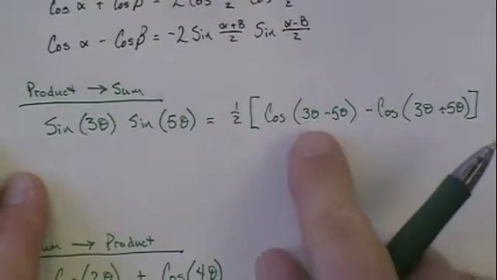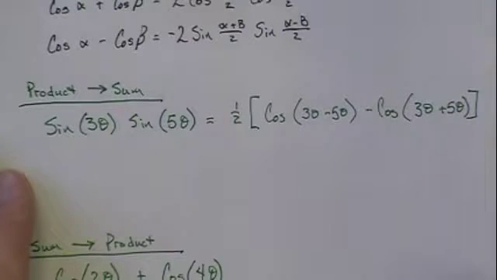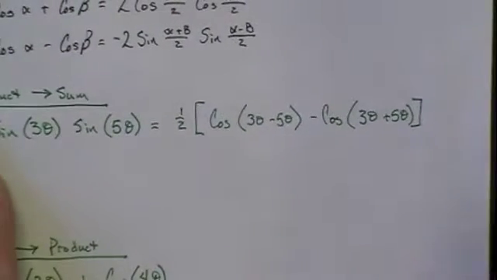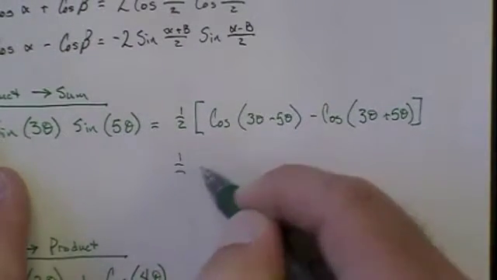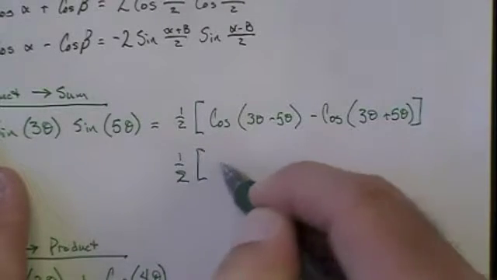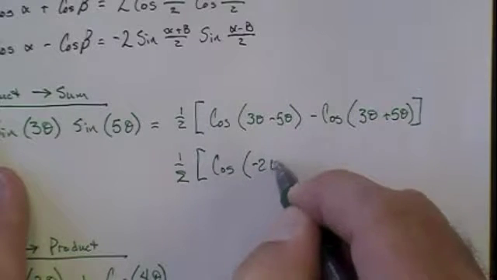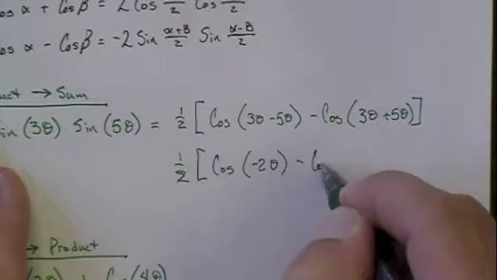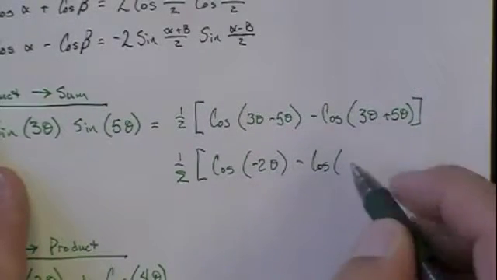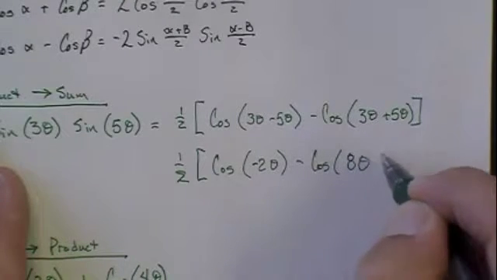Now we can go ahead and add and subtract each of these values. So now we have 1/2 times the cosine of 3 theta minus 5 theta gives us a negative 2 theta, minus the cosine of 3 theta plus 5 theta is 8 theta.